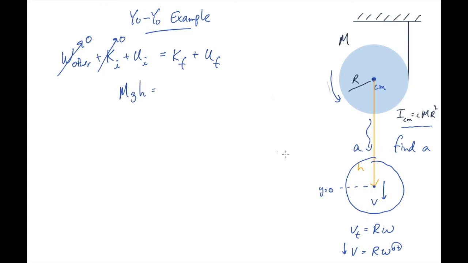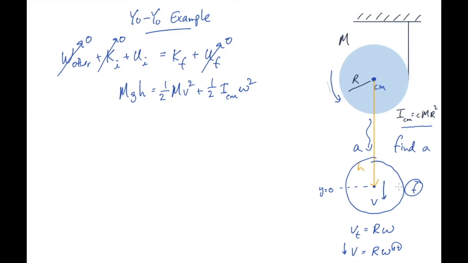The yo-yo's final kinetic energy down here is due to both its translation of its center of mass and its rotation about its center of mass. So there's its final kinetic energy, translation of the center of mass plus rotation about the center of mass, equivalent to rolling without slipping. The final potential energy is 0 because it's down here where y equals 0.